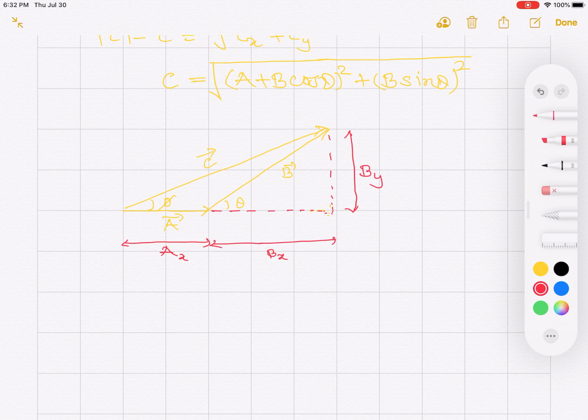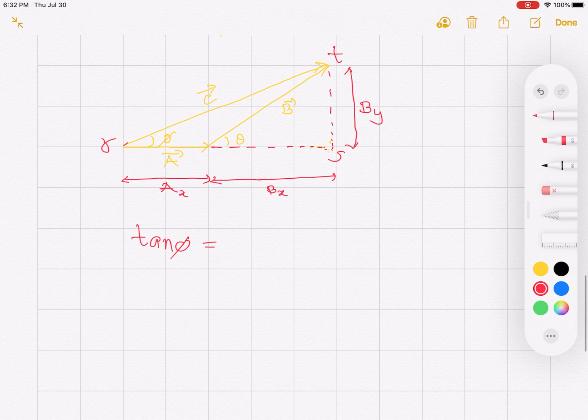So if you calculate tan phi in this large triangle, if I name the triangle R S T, in the triangle R S T, tan phi is perpendicular by base, so it's just by divided by ax plus bx.